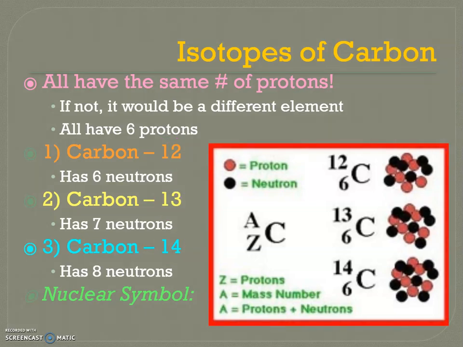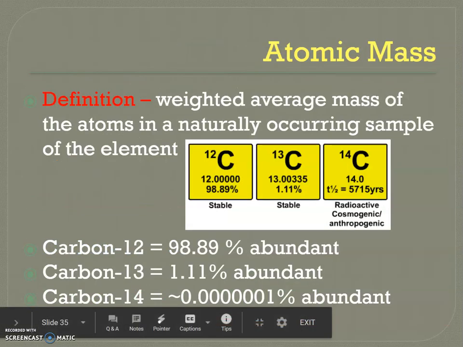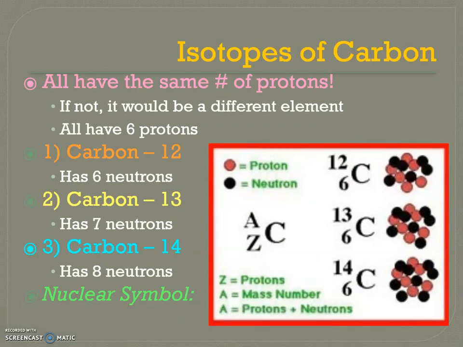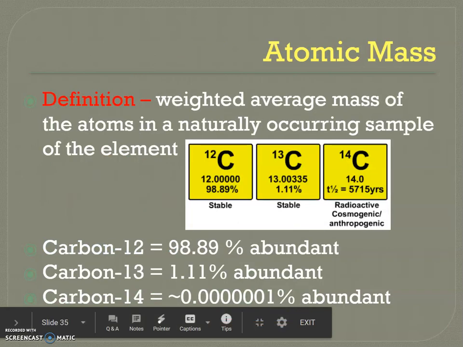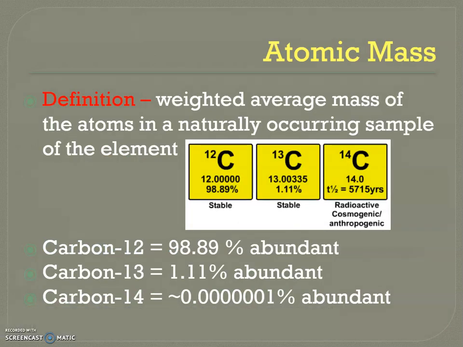Well, the atomic mass is a weighted average of all of the atoms that are naturally occurring based on their abundance. And abundance means how common they are.